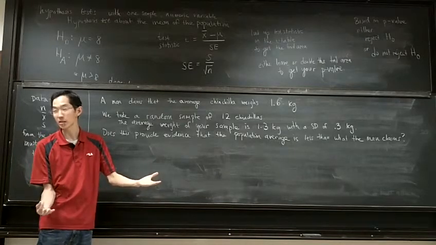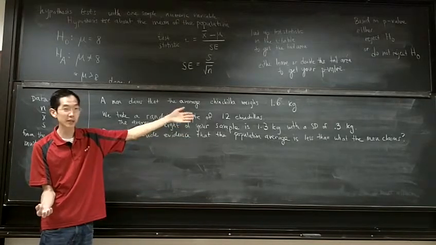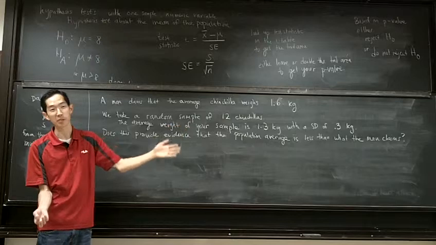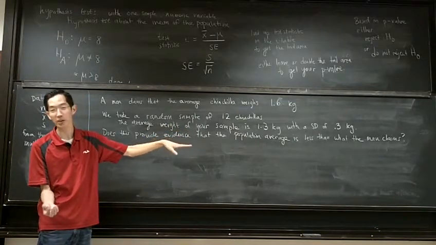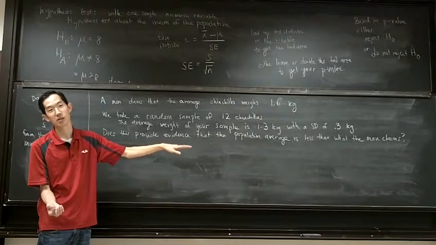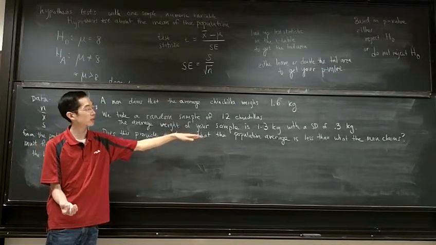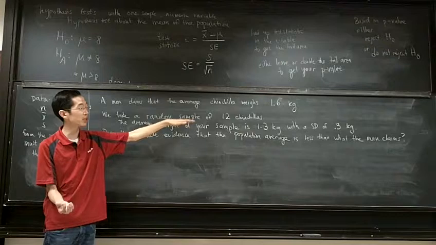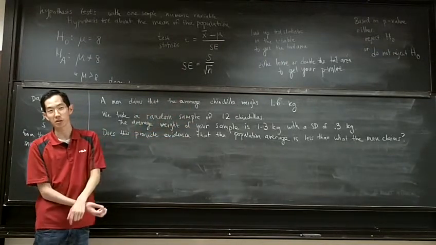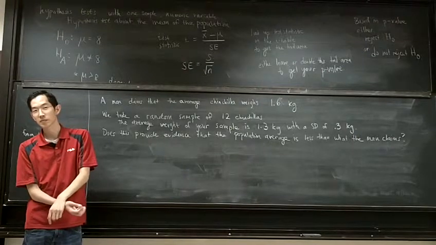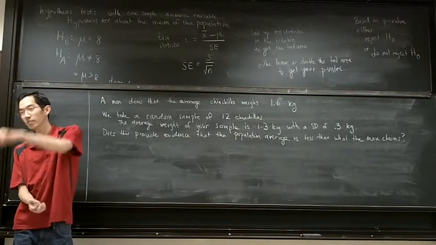There's no question about that. The question is, does my sample provide evidence about the population being different? We don't know the average of the population. When my sample is 1.3, is that evidence that the population is different from 1.6?